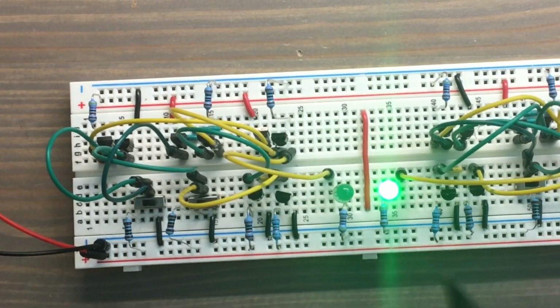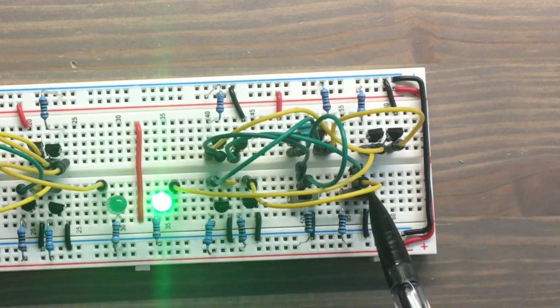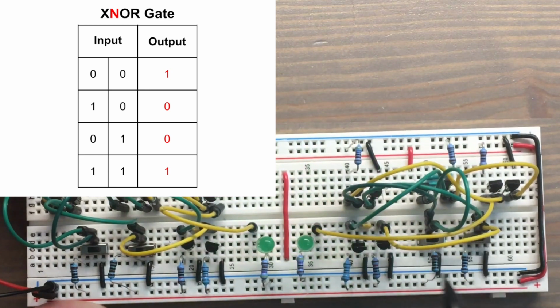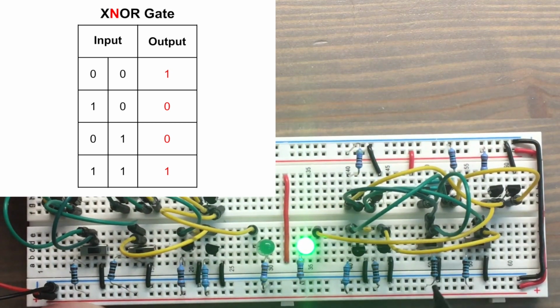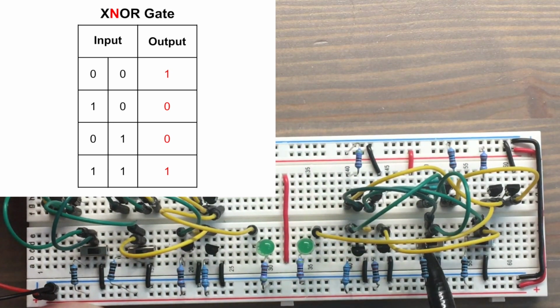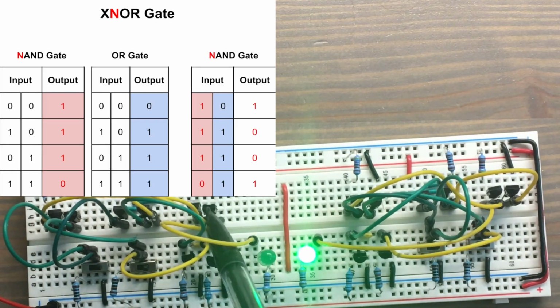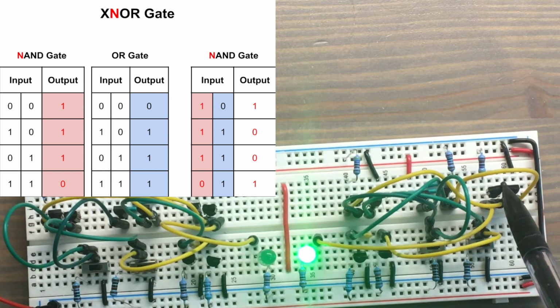And then this is the XNOR gate, so the output's just inverted. So this is on when we have either both of the inputs on or neither of the inputs on. And how this one works is instead of having our AND gate over here to combine these signals, we have the NAND gate.